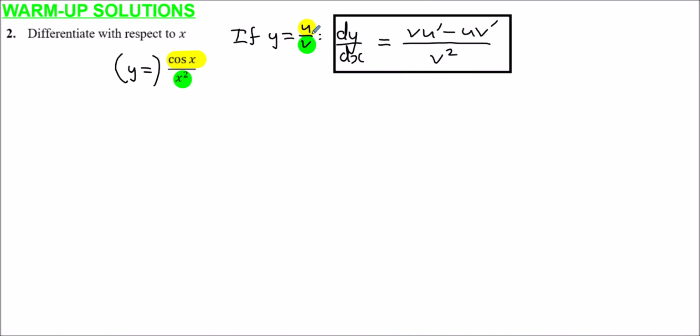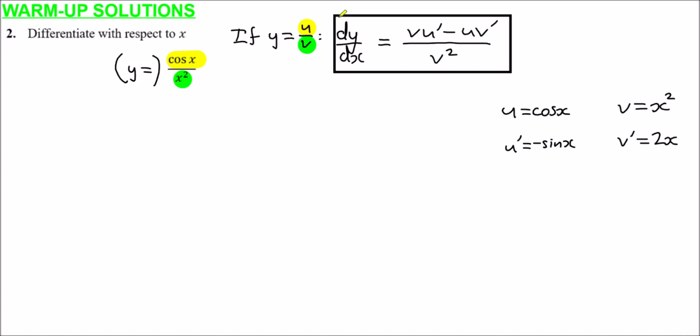So even though you know what they are, write down u is cosine x, and next door, v equals x squared. Underneath each, we can then find the derivative. If we differentiate the cosine of x, we need to remember that goes to minus sine of x. And of course, if v is x squared, the derivative of that, v dashed, will simply be 2x.